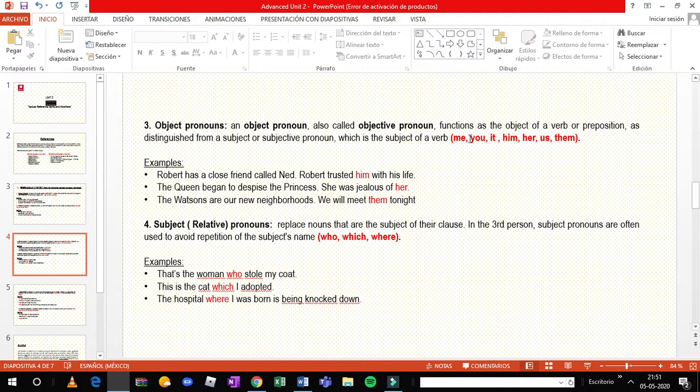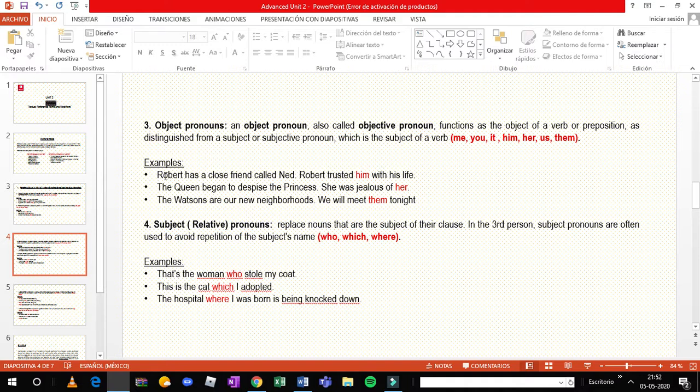Those words are me, you, it, him, her, us, them. It's complicated to do the translation of these words. You always have to translate them in the context, that is, in the same sentence.